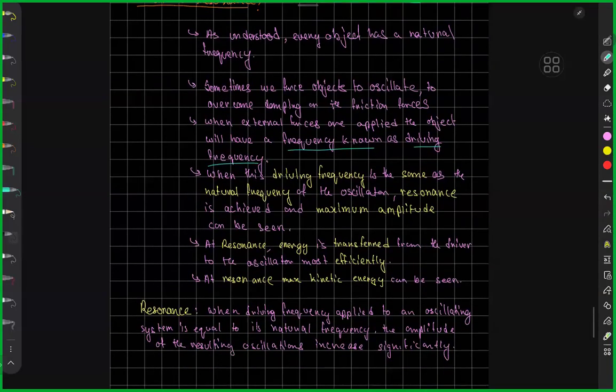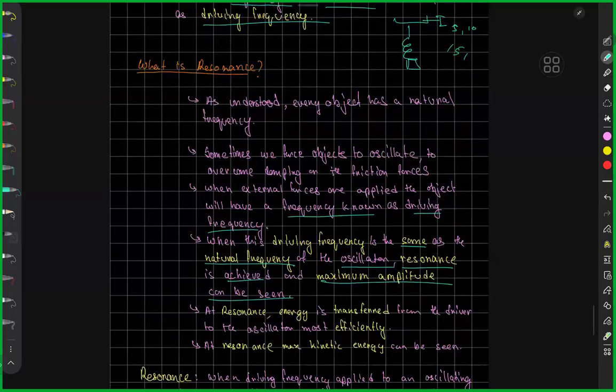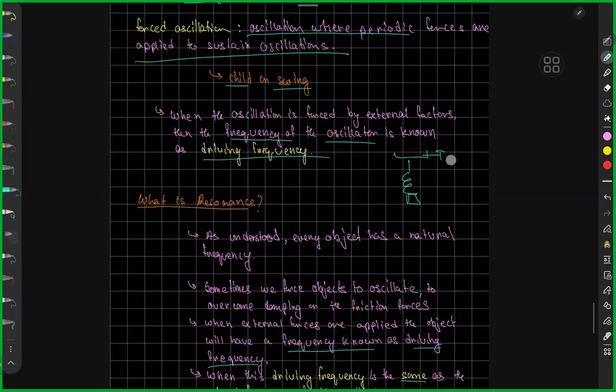And when this driving frequency is the same as the natural frequency of the oscillation, resonance is achieved and maximum amplitude can be seen. What does that mean? So let's say this system has a natural frequency of 10 hertz.